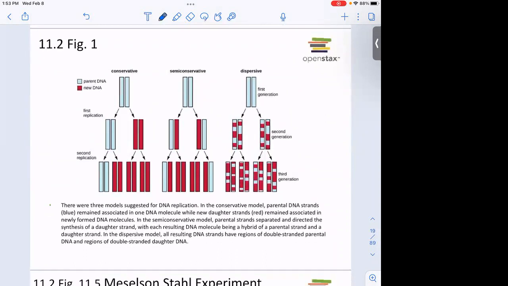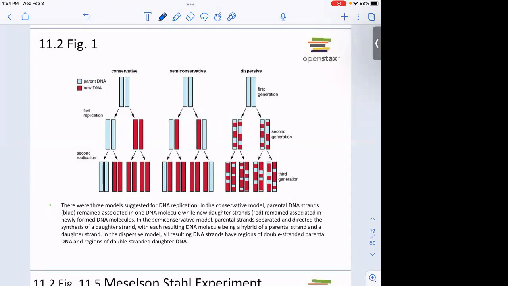Okay, so we talked about last time Frederick Griffith's very famous experiments that showed how there is some genetic material that can be transferred from one cell to another. And then Avery, MacLeod, and McCarty showed that that genetic molecule was actually DNA and not some protein.